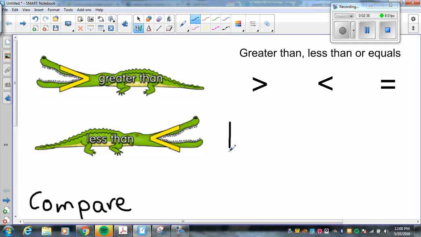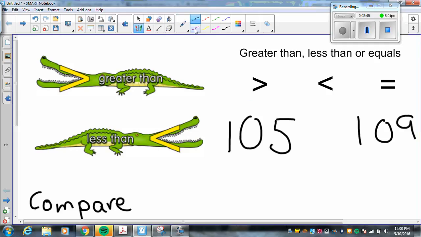So if I have the number 105, and over here I have the number 109. Now, let's have a look. They both have a 1 in the hundreds column. They both have a 0 in the tens column.